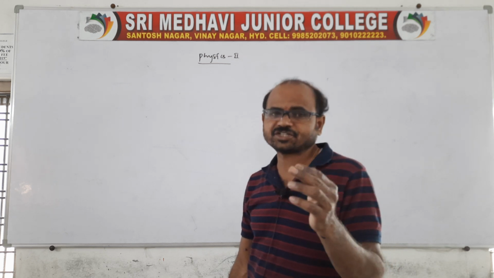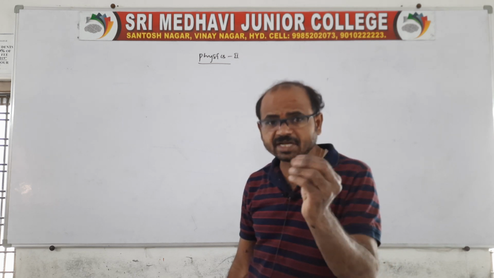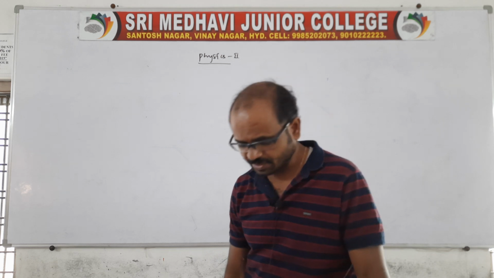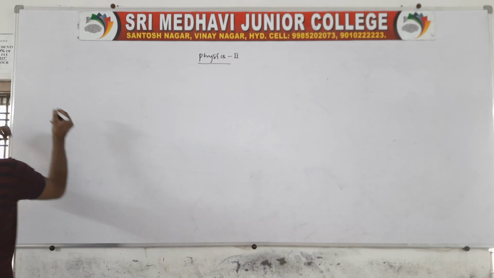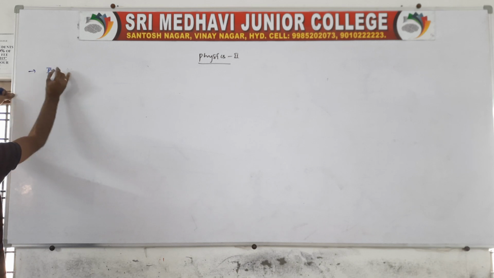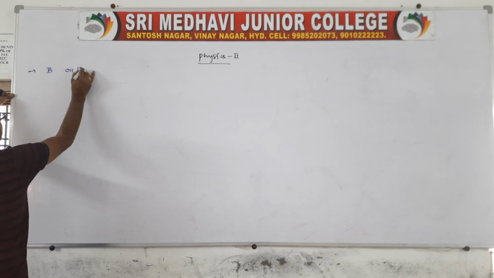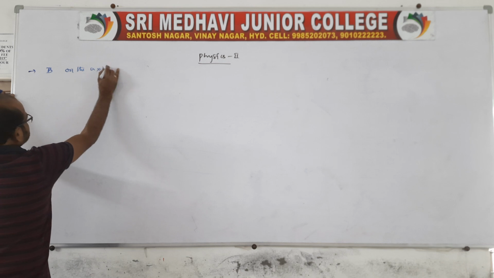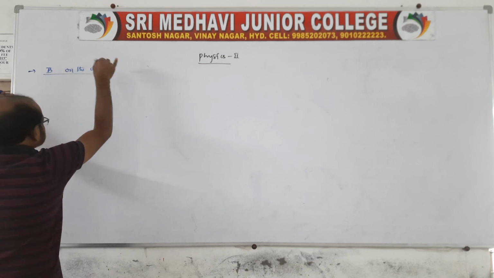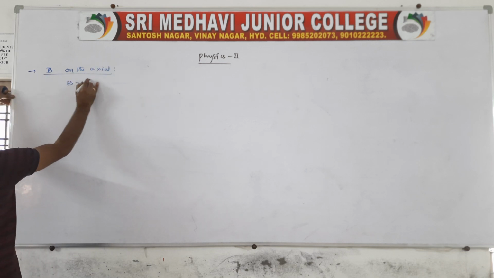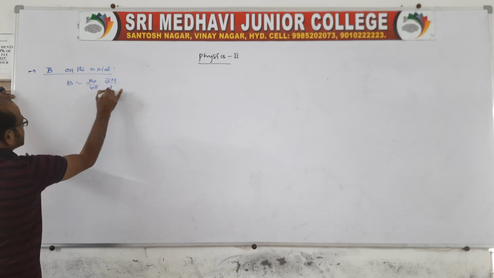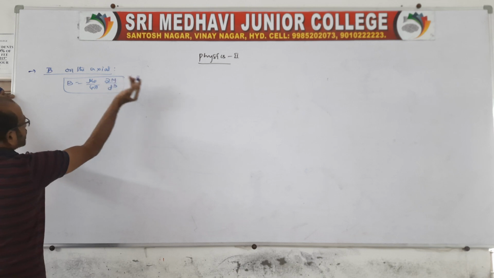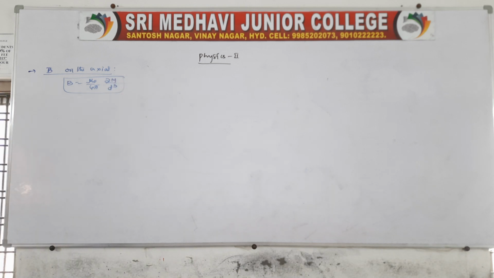Now the question is: find B on the axial line. Already, in the previous chapter I told you that B is equal to mu naught by 4 pi into 2m by d cube, or r cube, whatever it is. So this is the formula related to the axial line, right?